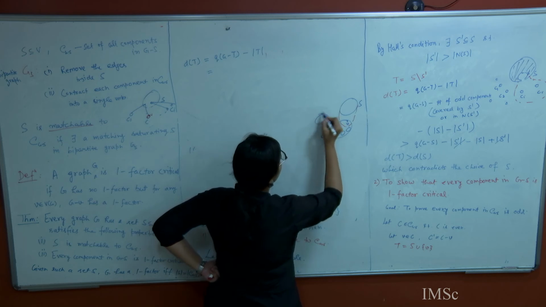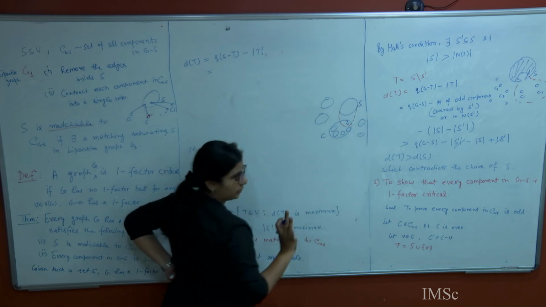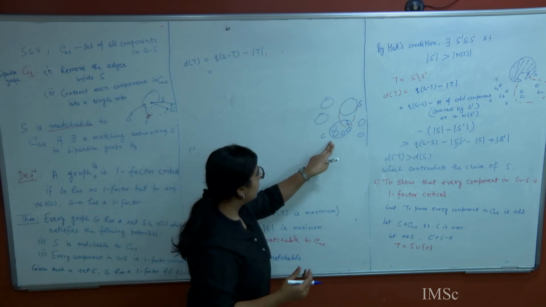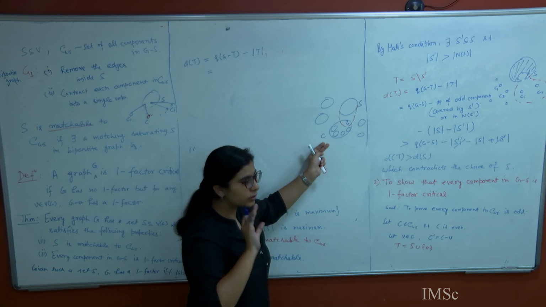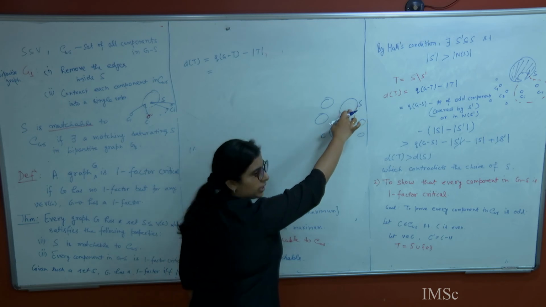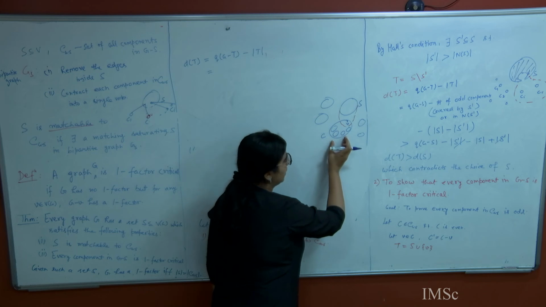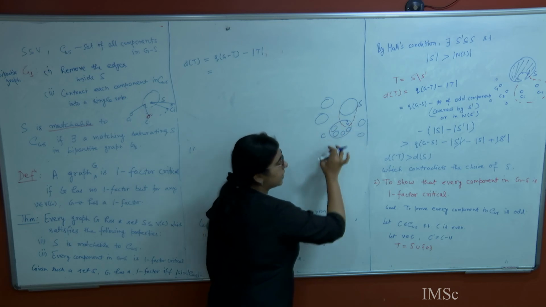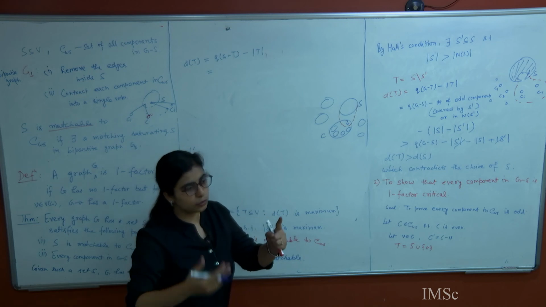Earlier we had these components. This was one of the components, and we had other components as well. These other components are still there, and this one, where I did something like this, was even, so it was not counted there. So all the odd components which were in G minus S are still there. And from this C, because it was even earlier but now I have pushed one vertex inside, its cardinality has become odd, so it will give me at least one new odd component.